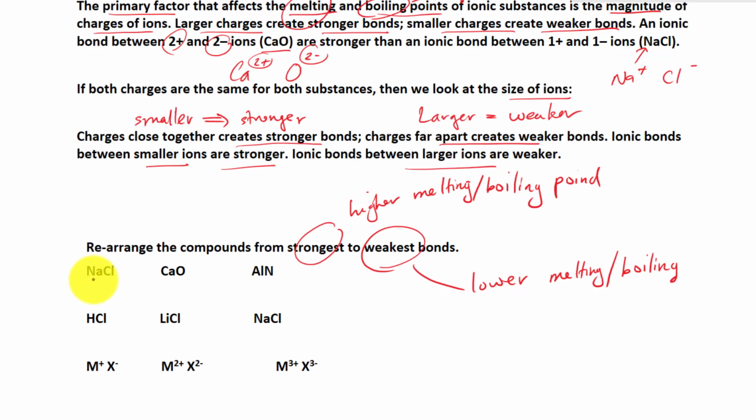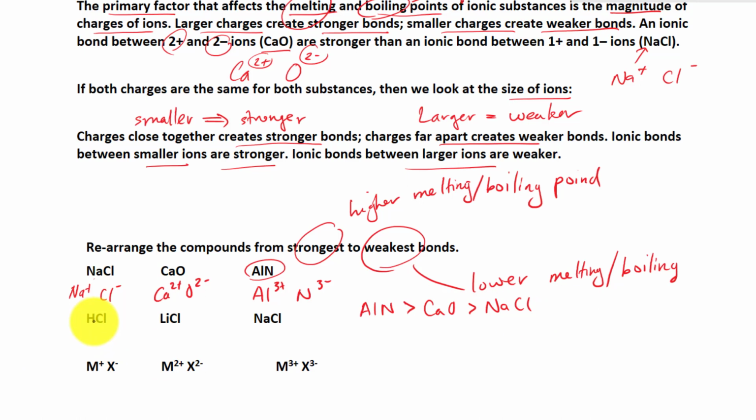And we know that sodium is in group 1A, so it's Na plus, Cl minus, Ca right here is 2 plus, O 2 minus. And now, the idea of memorizing the charges of ions is important. And Al is 3 plus and N is 3 minus. And that's just basically using the periodic table. If that's the case, which one would be the strongest one? Of course, AlN would be the strongest, followed by CaO, followed by NaCl.